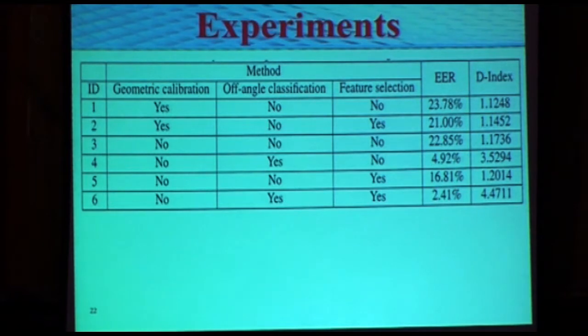Different combinations of three methods, including geometric calibration, off-angle classification, and feature selection, are used to demonstrate the validity of our solutions. Equal error rate and discriminant indicator are used to evaluate the recognition performance.